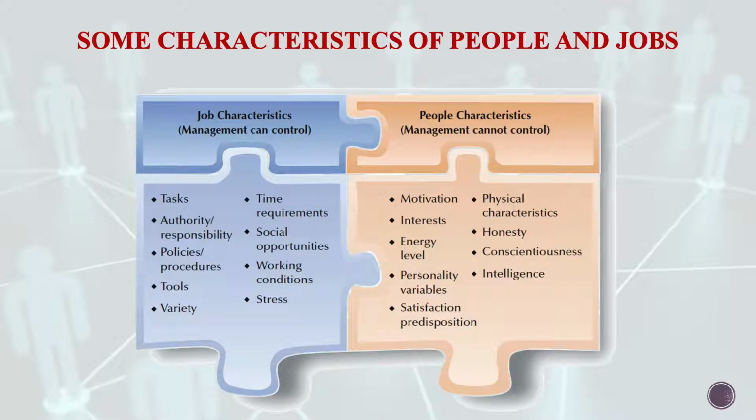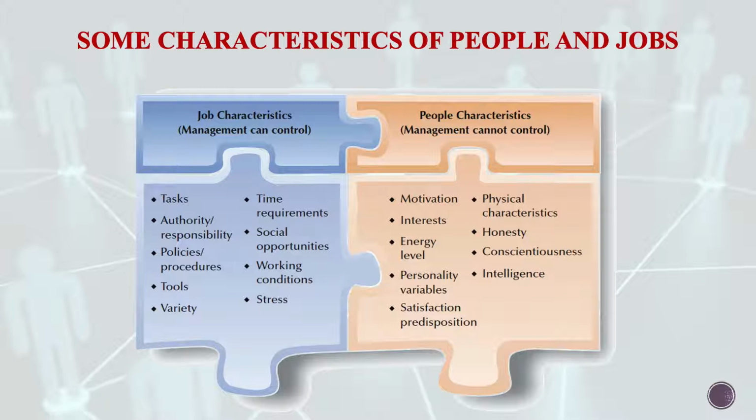With respect to job characteristics, we have task, authority and responsibility, policies and procedures, tools, task variety, time requirements, social opportunities, working conditions, stress and so on. Sometimes these job characteristics can be controlled by the top level executives.